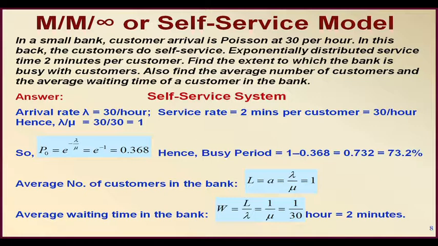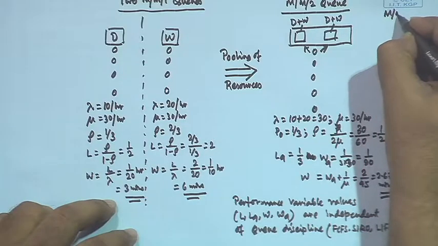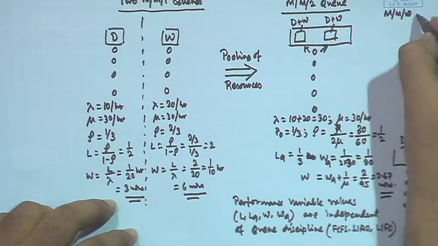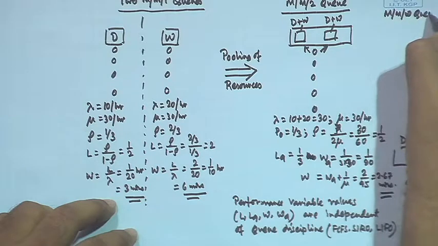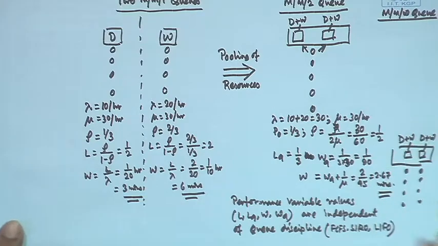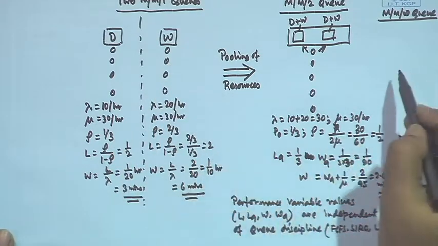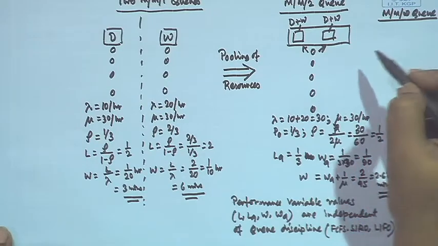In the self-service situation, supposing this is our infinity queue, let us write that also. We have already seen the two one-queues, the two-queue, and suppose we have now an infinity queue.